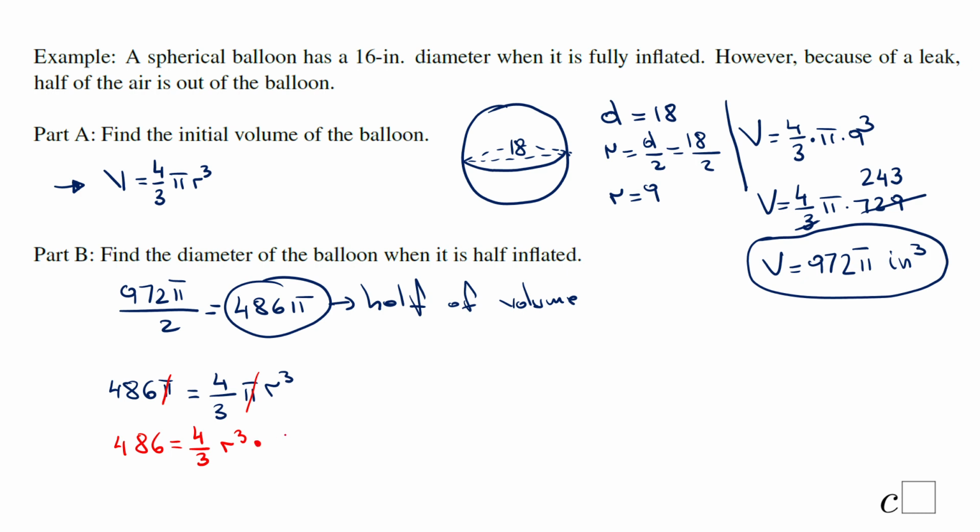My next step will be to multiply by 3/4. If you think that's the step, then very good job, to cancel out these guys. So we have here r cubed, and we have to see, maybe it's a nice number.